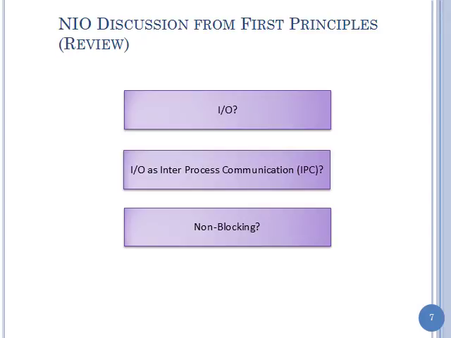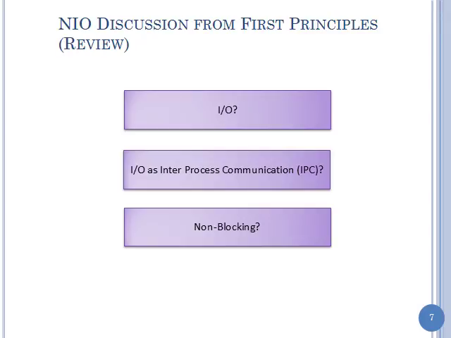So we'll talk about what IO really means, so that there's no mysteries there, and that's where we went off and talked about interrupts and so forth. And then we'll talk about what inter-process communication means as IO, so how we can go from IO to inter-process communication, which is the foundation of distributed computing. And then we'll look at the non-blocking aspect of inter-process communication. So that's how we went.